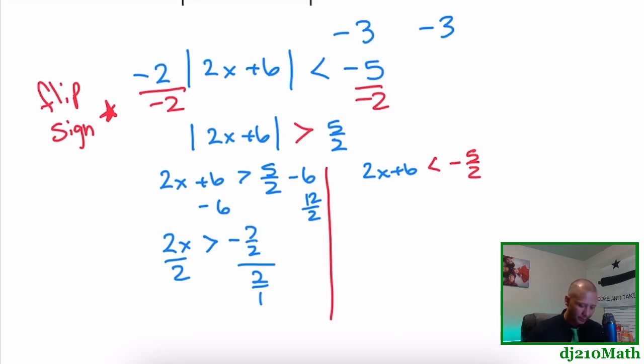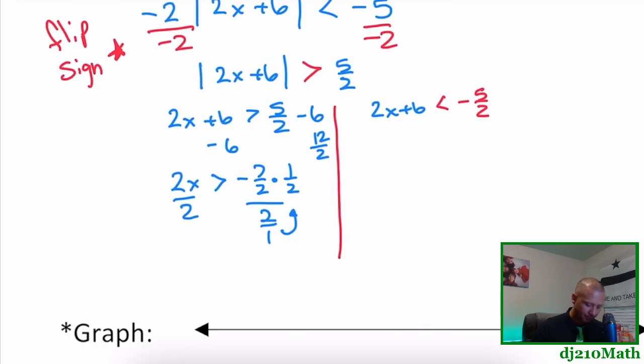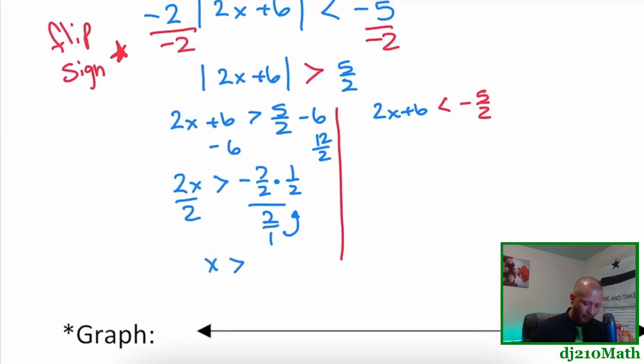And then they teach in elementary or middle school, I don't know which one, keep, change, flip. When you're dividing by a fraction, you keep, change, flip. Meaning you keep the top, -7/2. You change division to multiplication, and then you flip the bottom. So 2 over 1 will flip to 1 over 2. So you multiply. So this is going to be x greater than top times top, bottom times bottom. So -7 times 1 is -7. 2 times 2 is 4.